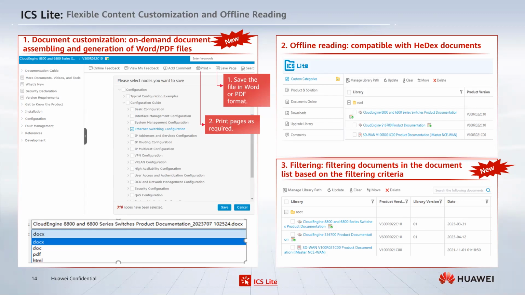If we have got a large number of local documentation packages, we can search them by documentation name, product version, and the date. For instance, we can quickly filter the packages that are updated or released this year based on the date.